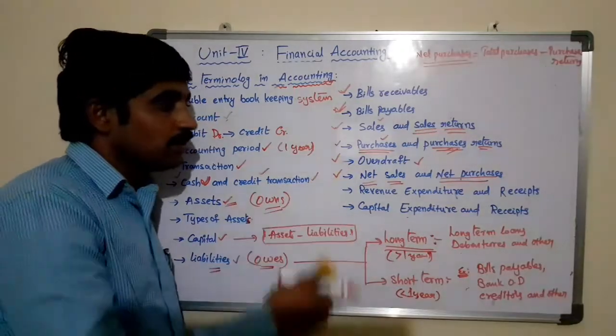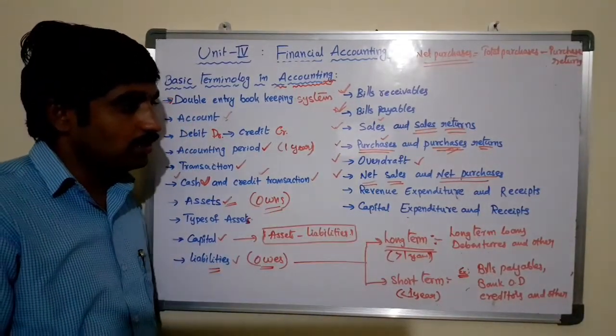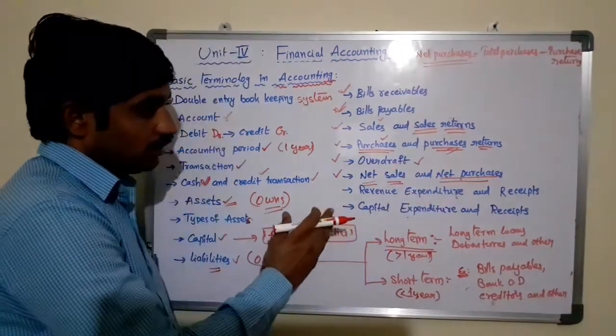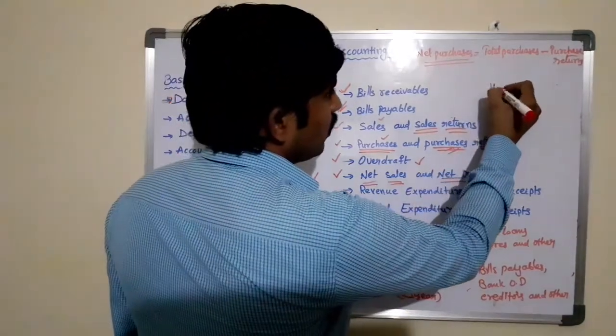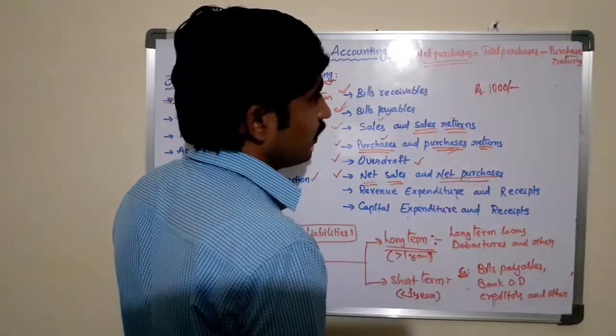So here, overdraft is drawing more than the available balance. For example, you have only 1000 rupees in your account, but you require 1500.